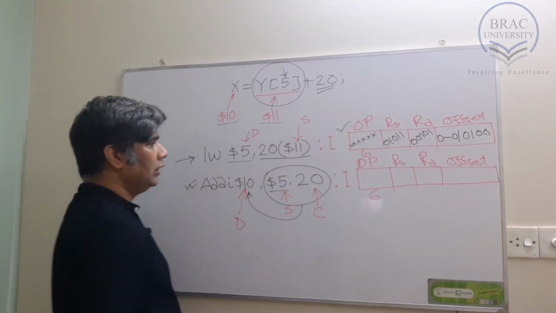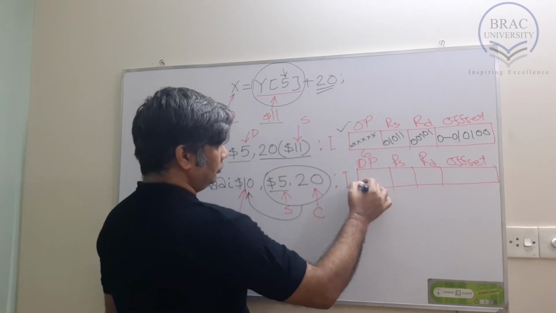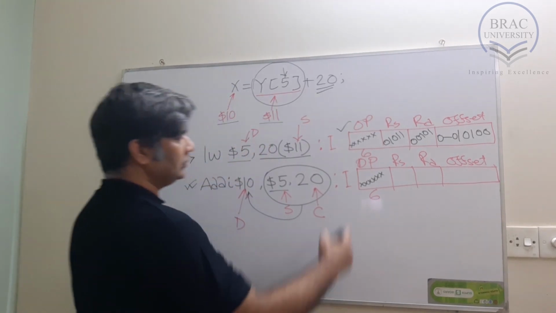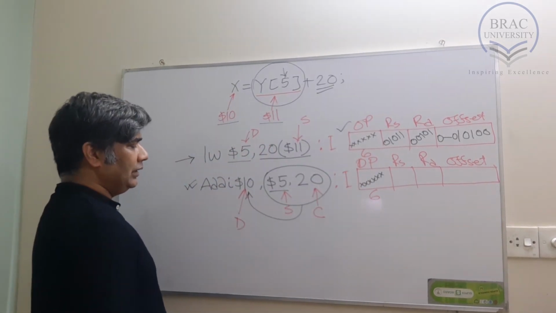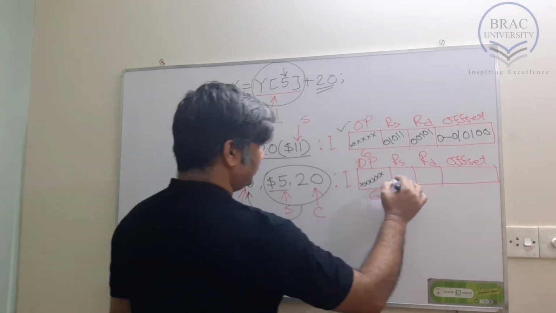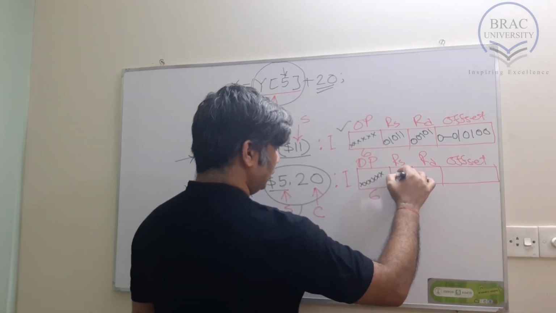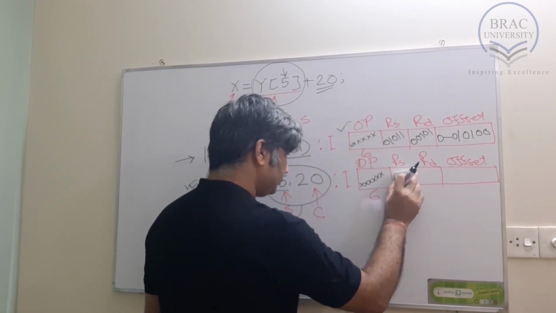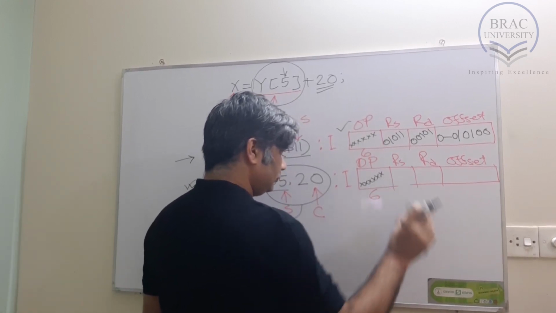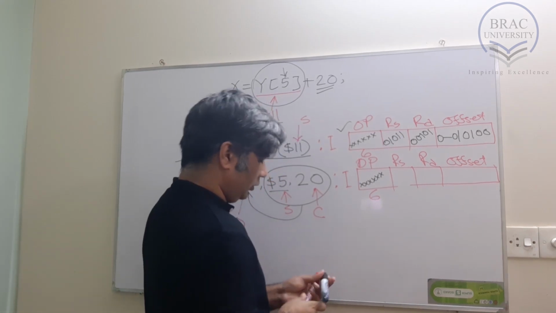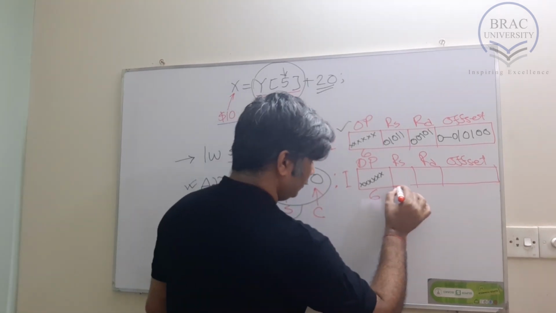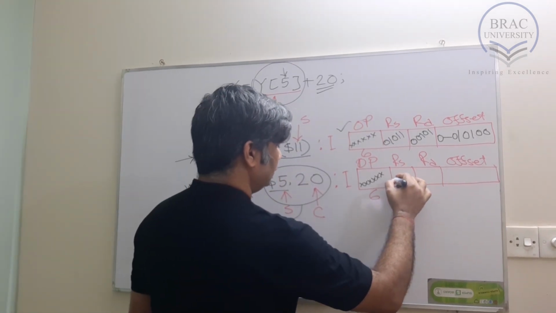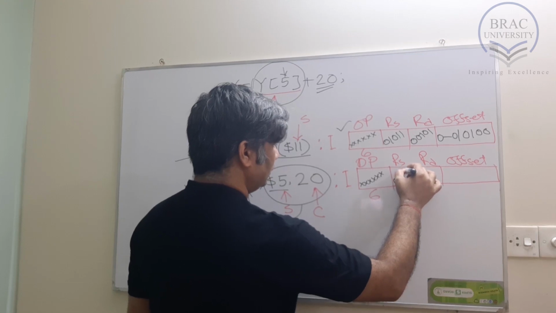What about this one? Opcode, again, don't worry about the opcode, you will have it in the question, but if you don't, then just leave it like this. And then RS, our source is 5, which is 0, 0, 1, 0, 1.